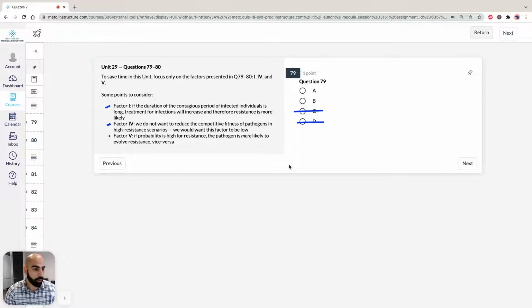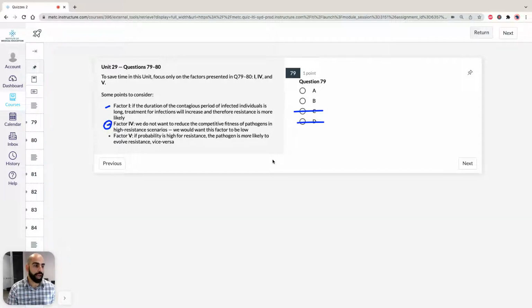So either 4 is going to be high or 4 is going to be low. This is the trick here. Remember, if we want to keep resistance low, we'd want 4 to be high, because of the degree to which development of resistance reduces the competitive fitness of the pathogen.